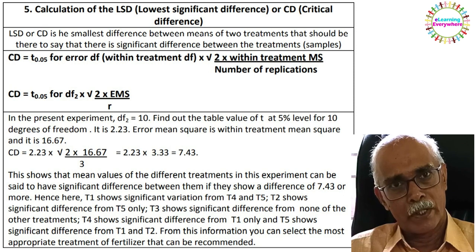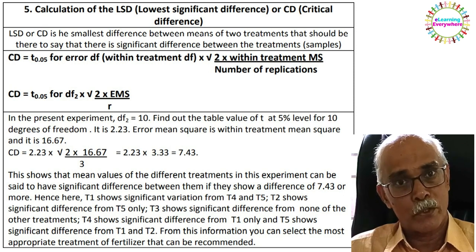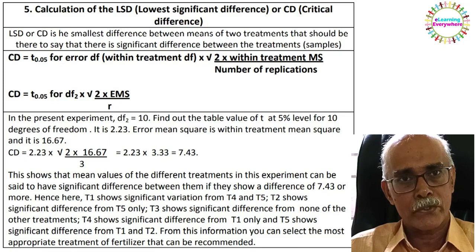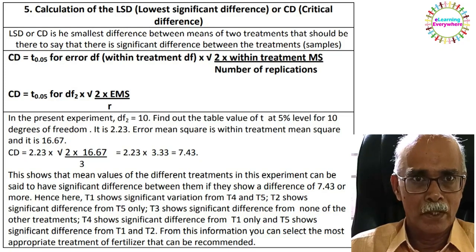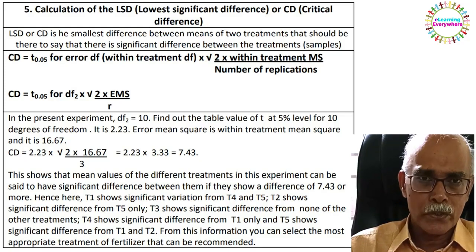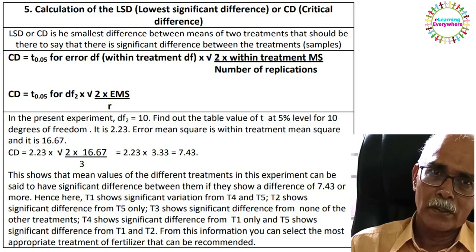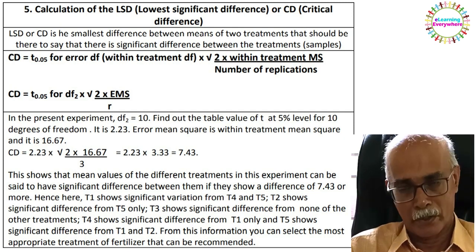So one particular treatment mean plus or minus 7.43 shows whether it is significantly different from another treatment or not.